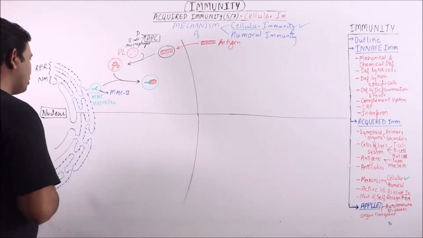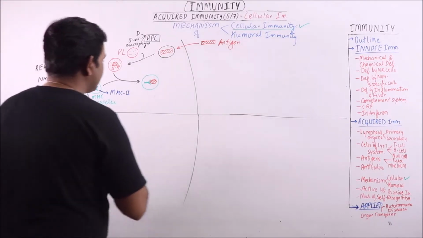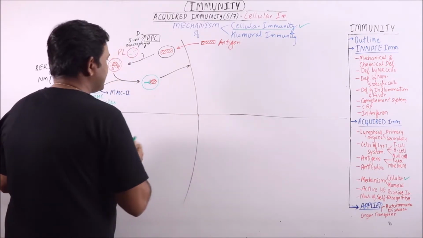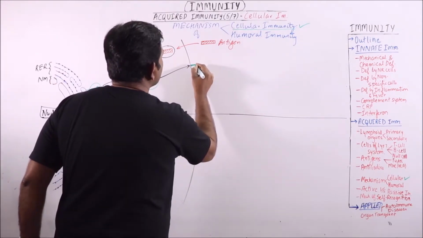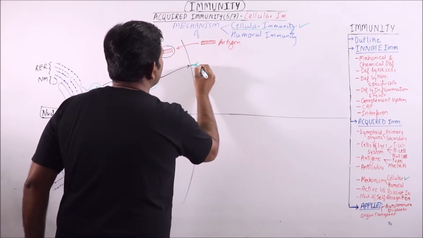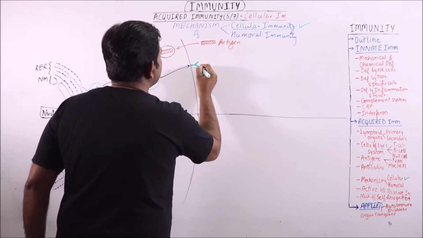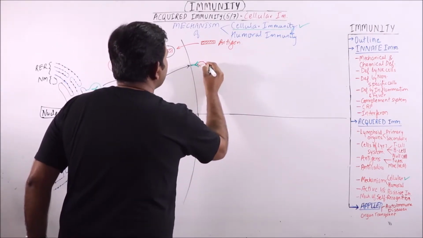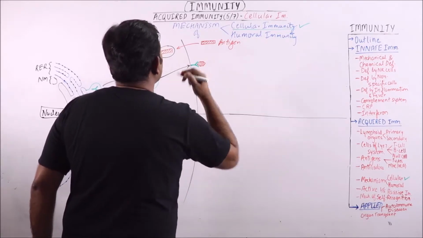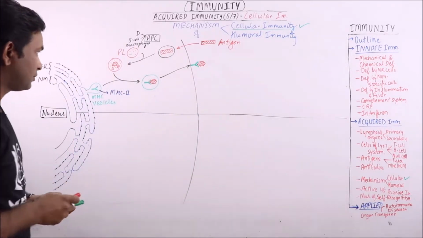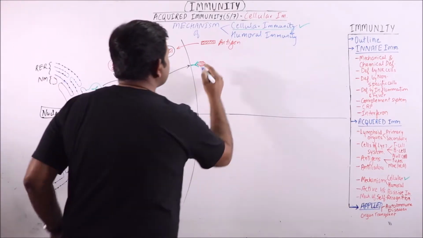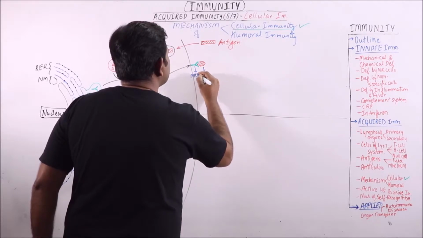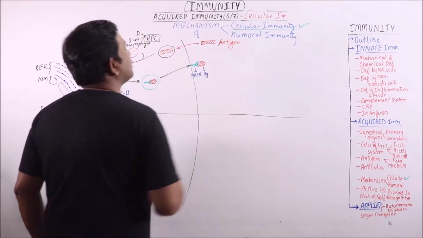So this MHC protein or molecule will bind to peptide antigen, and later on this MHC class 2 molecule will present this peptide antigen on the surface of APC. Now this is antigen, and this one is MHC class 2.